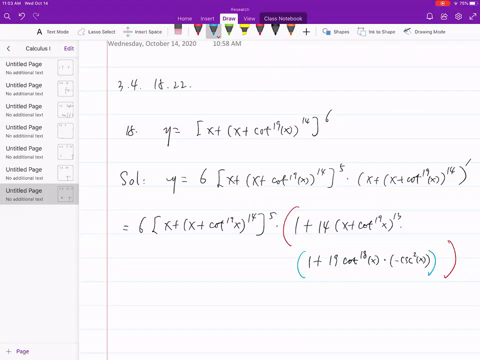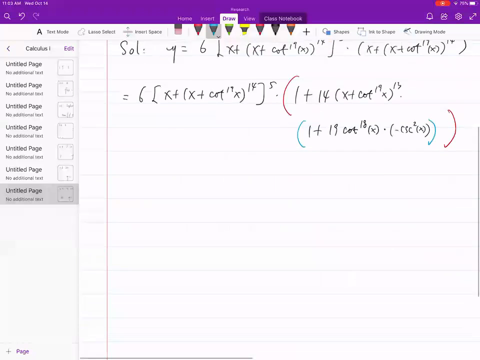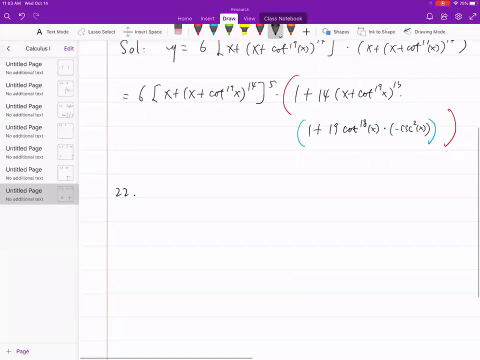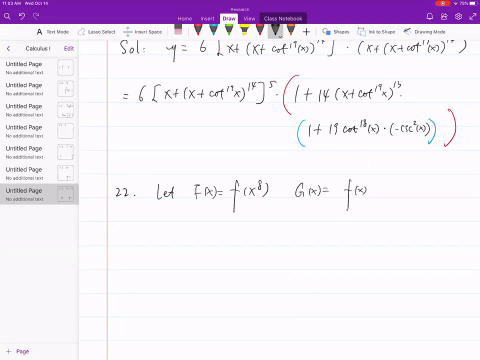Oh, this one is playing with the symbols. Let g(x) equal f(x) to the 8, we also know that a to the 7th equals 5. f(a) equals 2. f prime a equals 8.